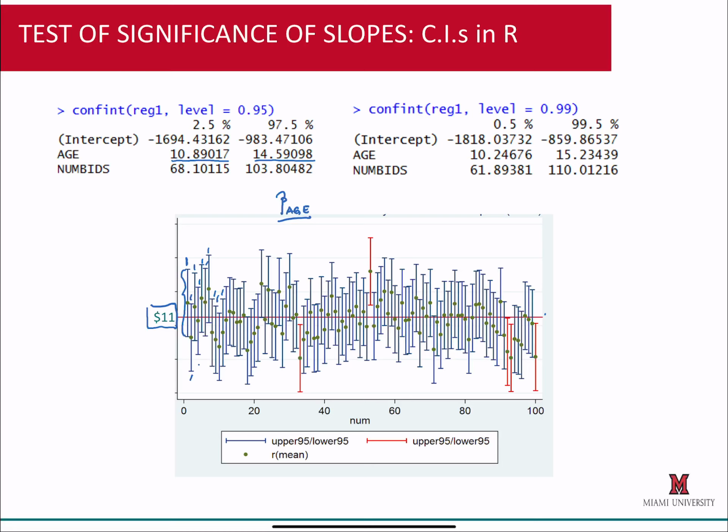Another sample here, another sample here, and so on. But 5% of the samples that we can get, when we construct the confidence interval, that confidence interval will not contain the true slope.